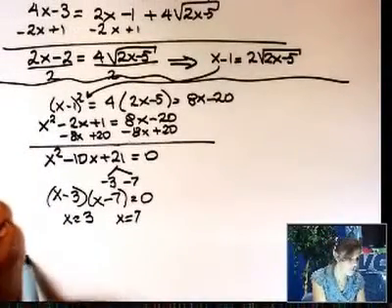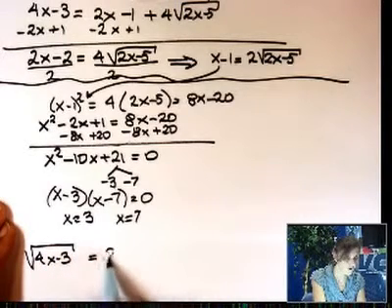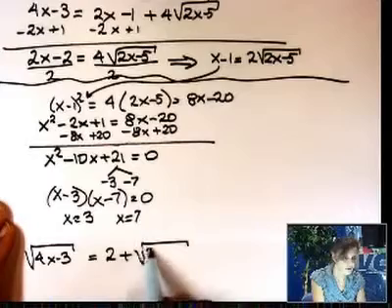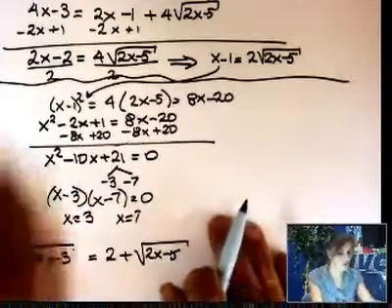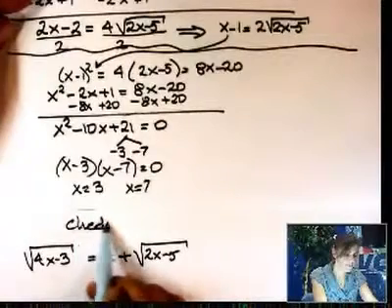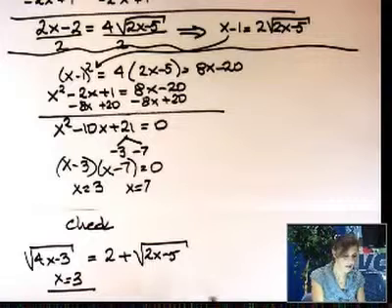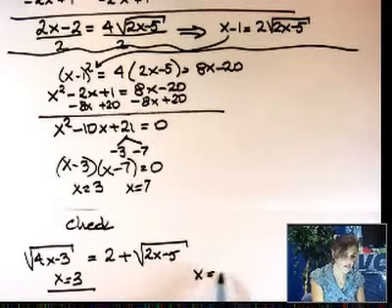Here's my original equation. 4x minus 3 equals 2 plus the square root of 2x minus 5. So I'm going to check now 3 and 7. All right, so let's check 3. And let's check 7.